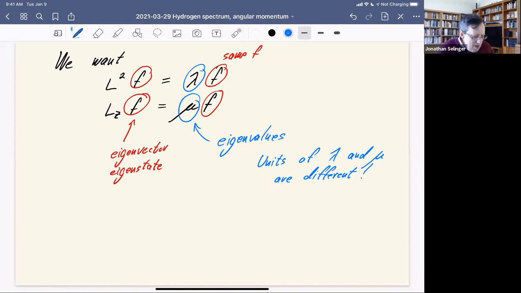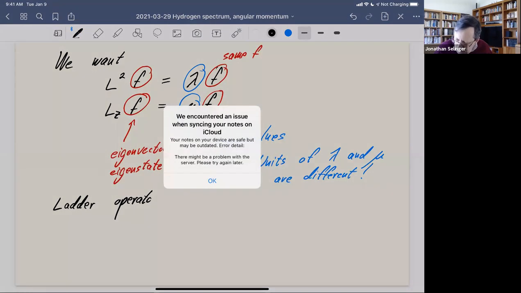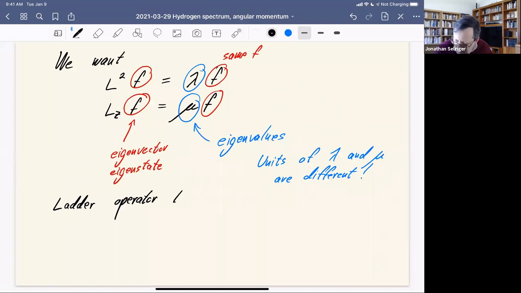Okay, so the trick for doing this is a ladder operator technique. This is actually a little bit similar to what we did with the harmonic oscillator.